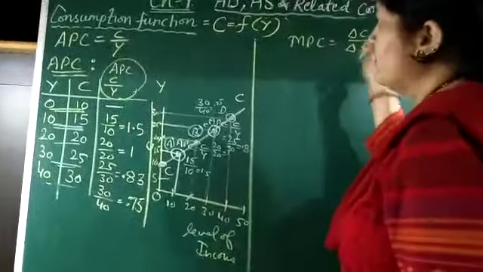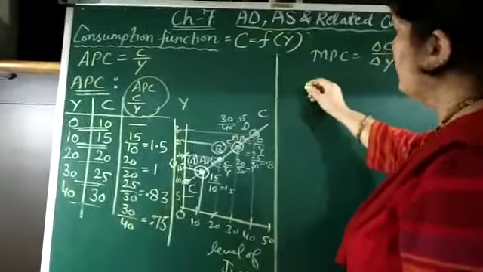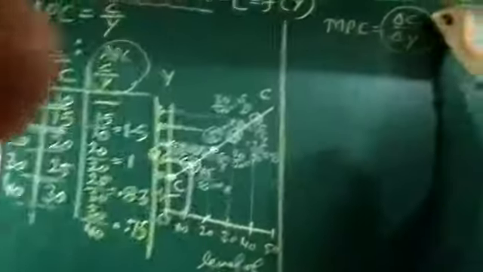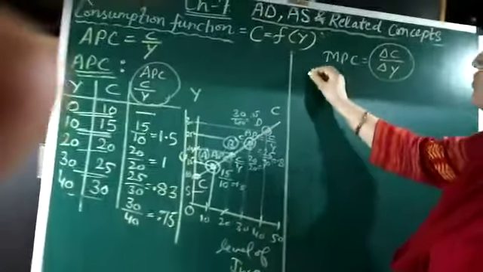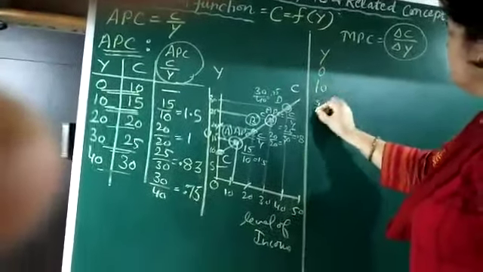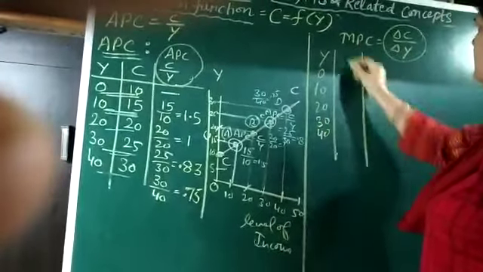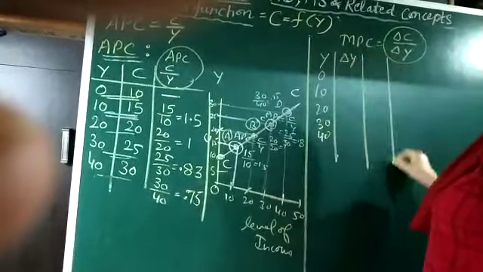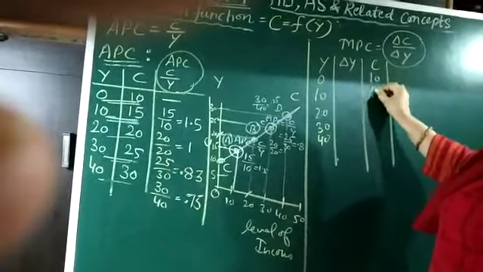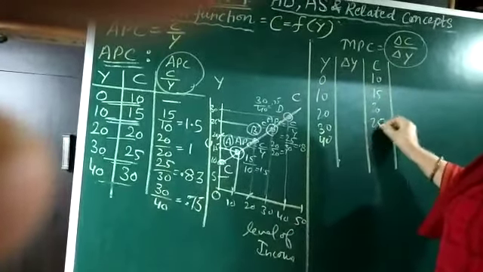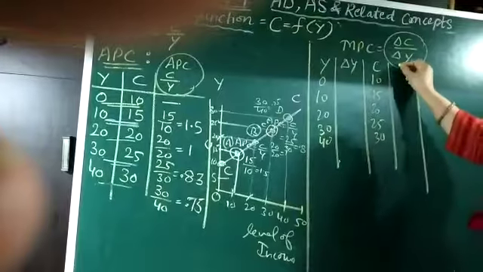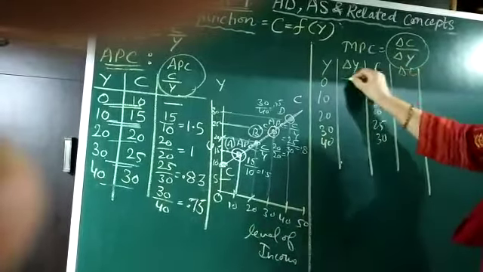And now let us prepare MPC. For the calculation of MPC, MPC is the ratio between change in consumption due to change in income. This is the income, then delta Y, consumption 10, 15, 20, 25, 30. Then change in consumption.